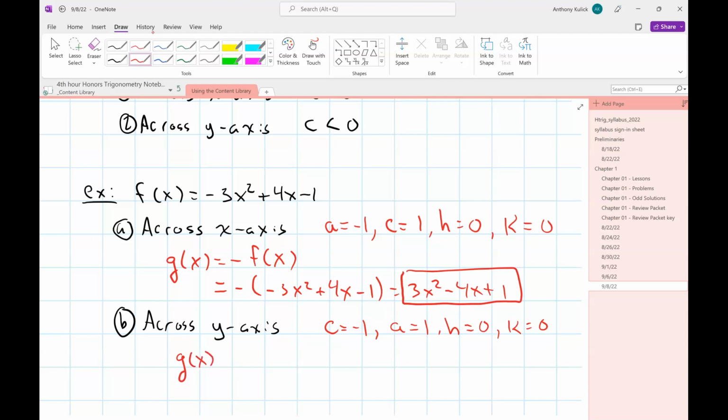My g of x then would be f of negative x, which would be negative 3 times negative x squared plus negative 4 times negative x minus 1, which is negative 3x squared plus 4x minus 1.